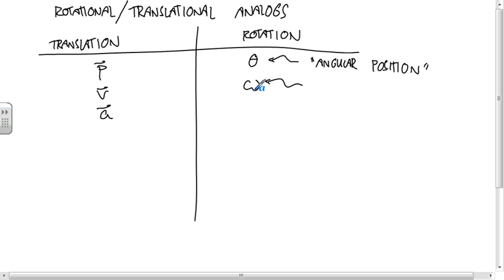It looks like a round W. And that's the angular velocity. And the Greek letter alpha, and it looks like a goldfish, and that's the angular acceleration.